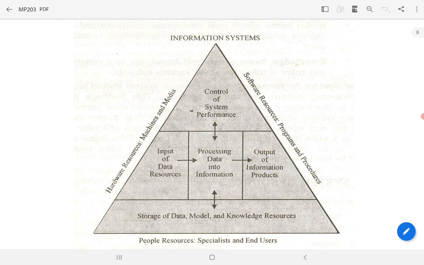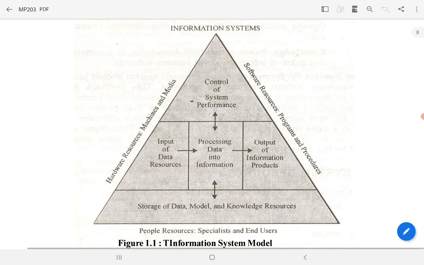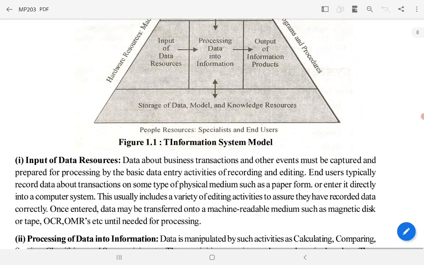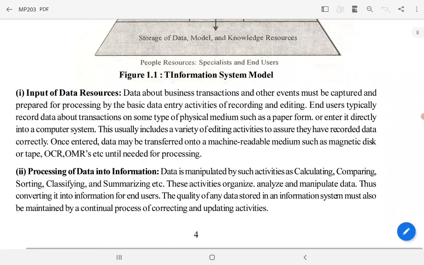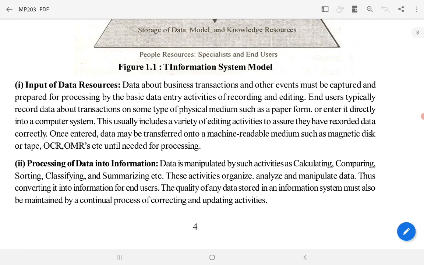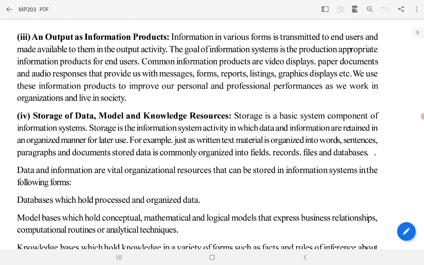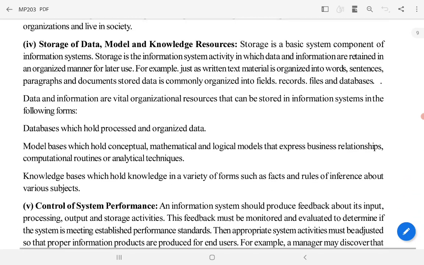It contains control of system performance, gathering input data, processing data into information, and generating various reports required by the management or officers. Storage of data, model and knowledge resources is also one of the components of an information system. So: input of data resources, processing of data into information, output of information products, and storage of data, model and knowledge resources.